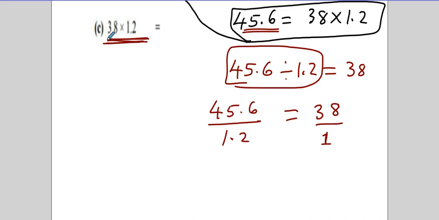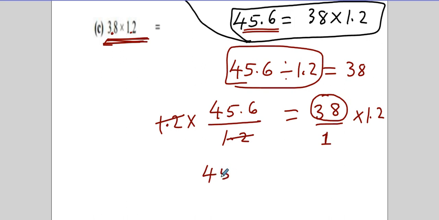Now you can note that here is 3.8 times 1.2. But here we have 38. You see that? Now, what you are going to do is first multiply by 1.2 on both sides. This will cancel. Now this will be 45.6 equals 38 times 1.2, right?